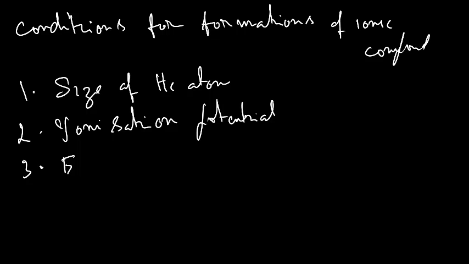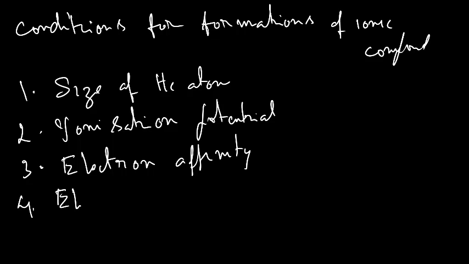And the third one is electron affinity. Electron affinity means the amount of energy released when an atom takes an electron. When an atom captures an electron, that is called electron affinity. If electron affinity is more, an ionic substance forms quickly. And the other one is electronegativity.